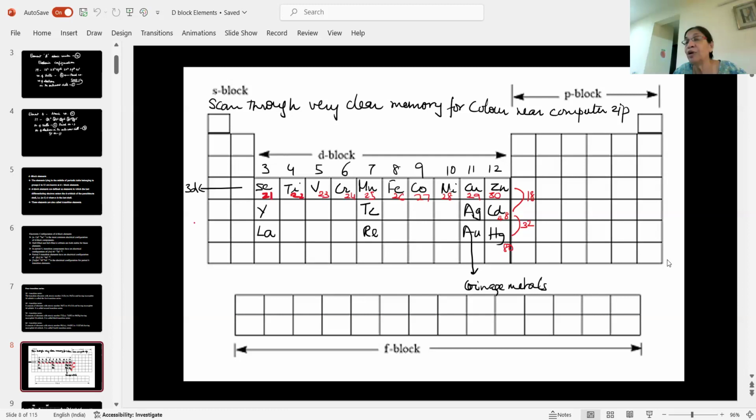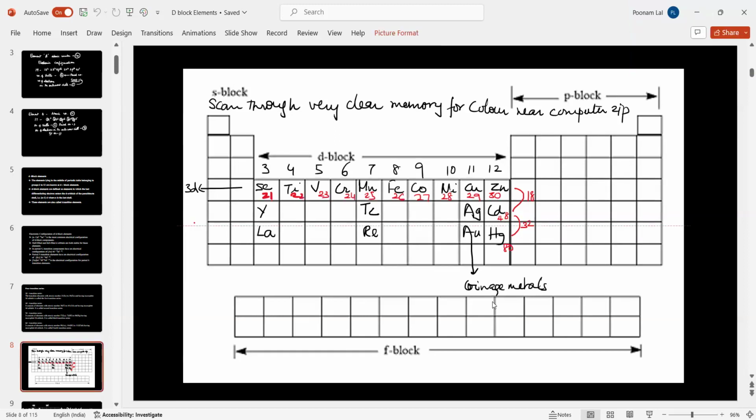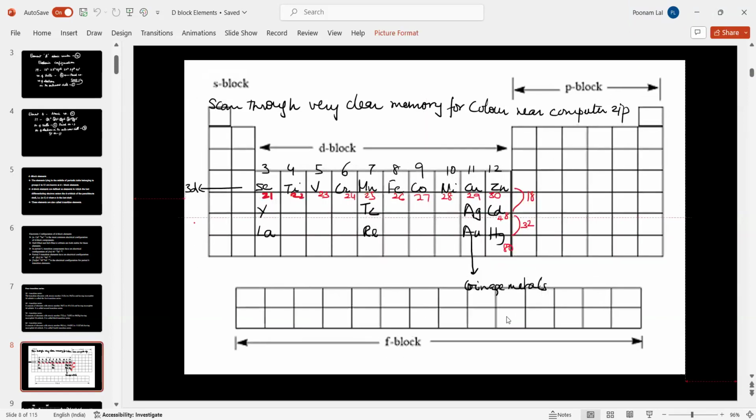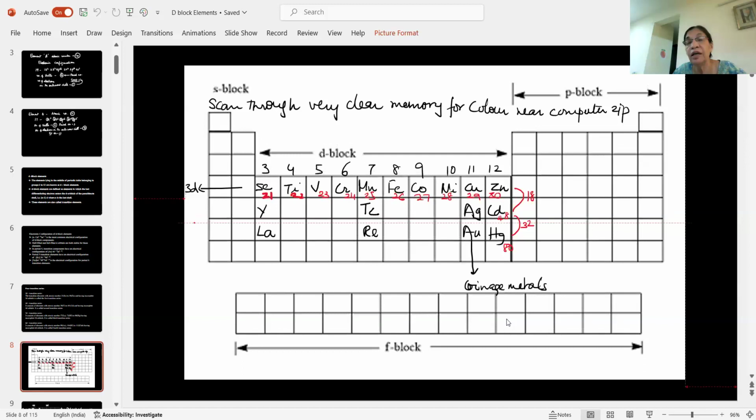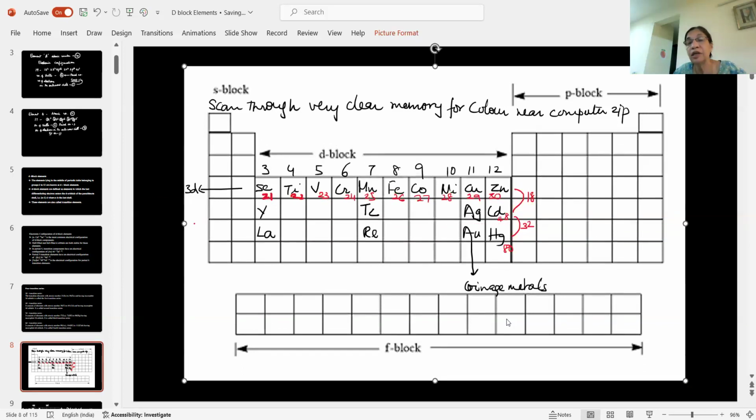Sai Kalyan, do you know why zinc, cadmium, and mercury are not called D block elements? They have a D10 configuration. They have a D10 configuration. So since they have 10 electrons in the D shell, Sanjay, did you understand?